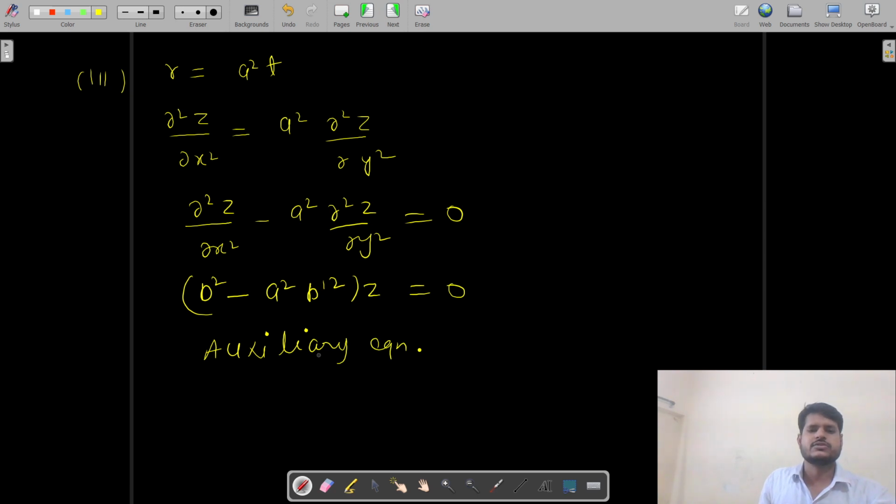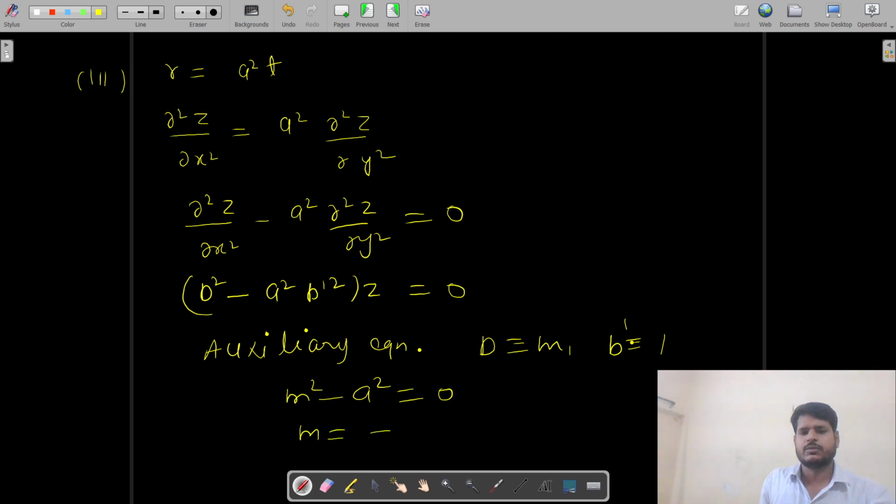Replace capital D by small m and D dash will be 1. So we have m square minus a square equal to 0, so m equals plus or minus a.